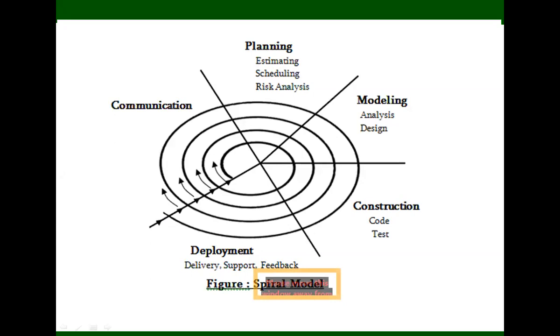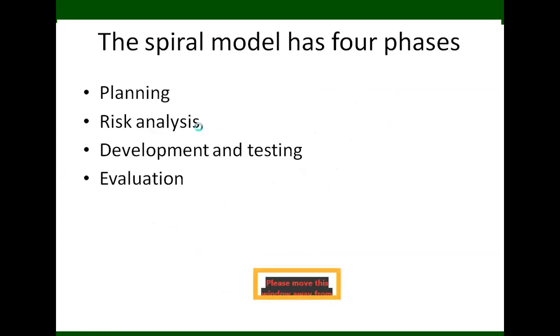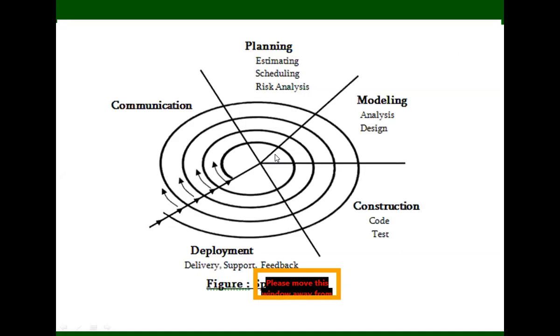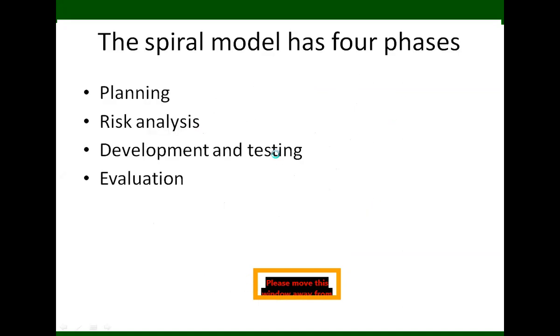So here this is planning. Next, risk analysis; in modeling we have to analyze the risk. Next development and testing; in construction we have coding and testing. The last one is evaluation.